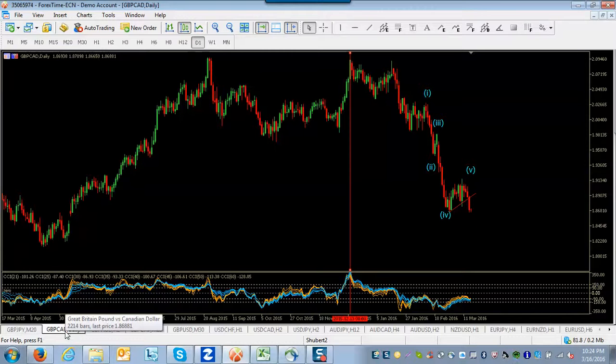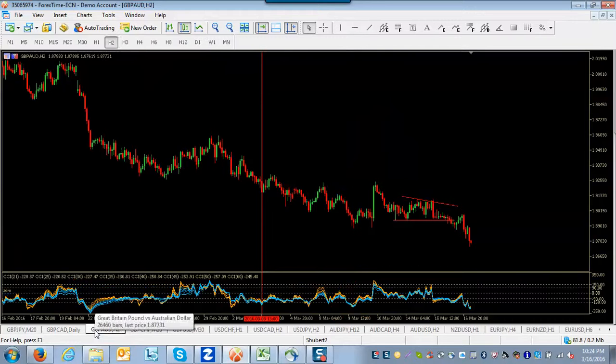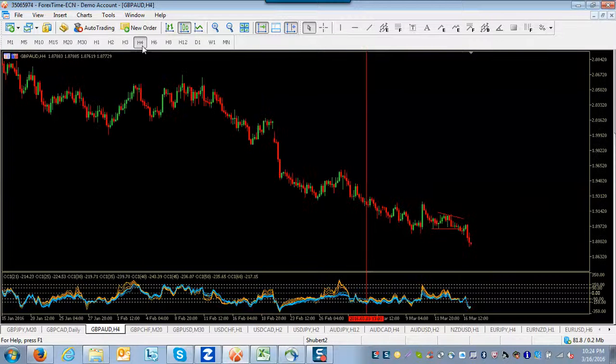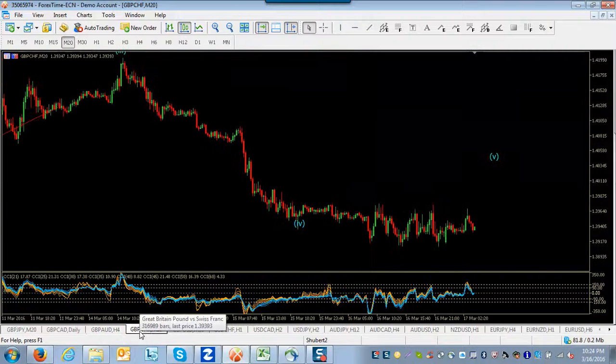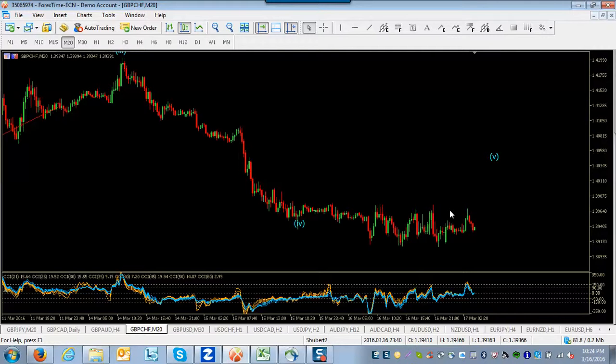Although again, it doesn't really look favorable, because to me pound Canadian looks like it's probably ending a trend, and same thing with pound Aussie. So I'm not expecting a lot with these. Even pound Swiss is potentially ending trends here. So we'll see.